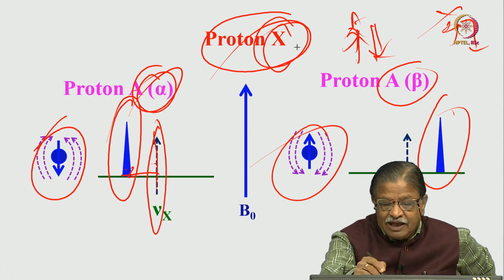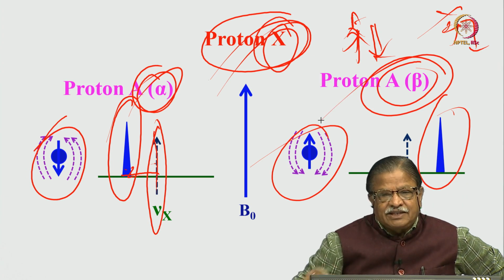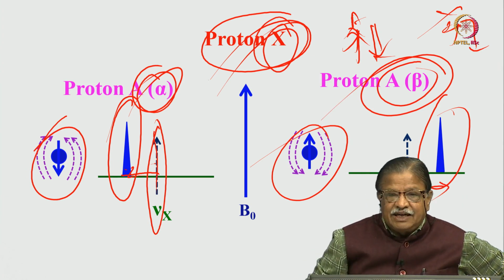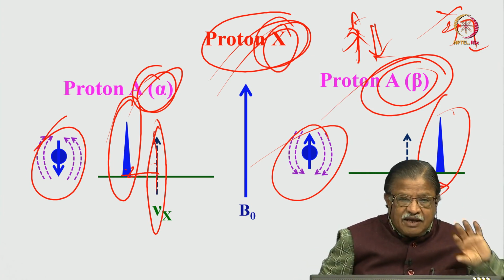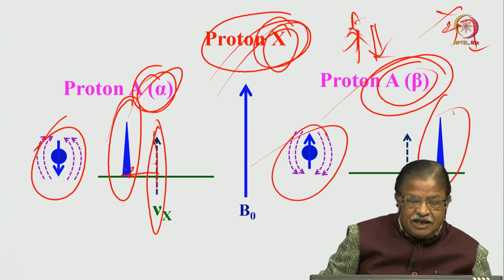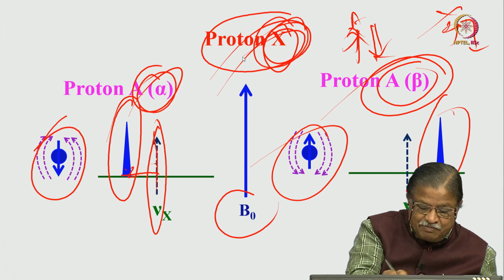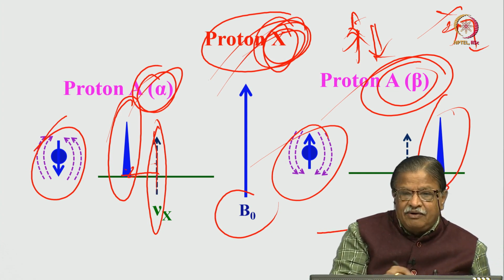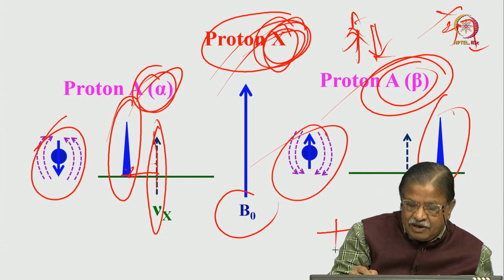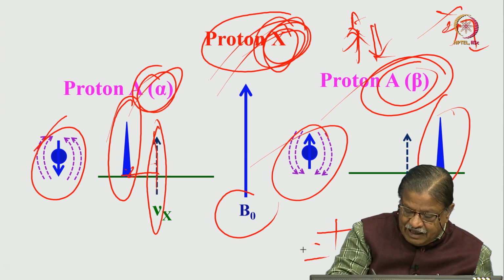Similarly, this proton X can also see proton A in the beta state, and it moves towards the right side. Alpha and beta, where one has a higher energy state and the other a lower energy state. As a consequence, proton X sees proton A with some value which is more, and some value which is less.